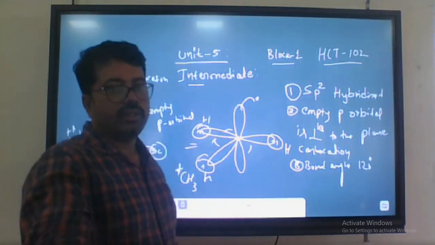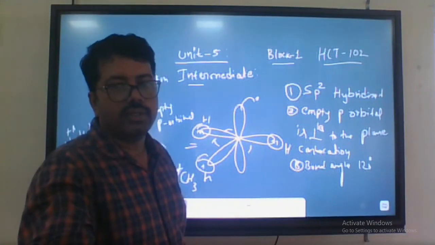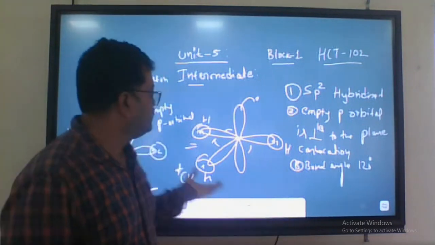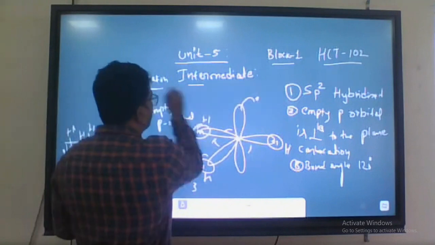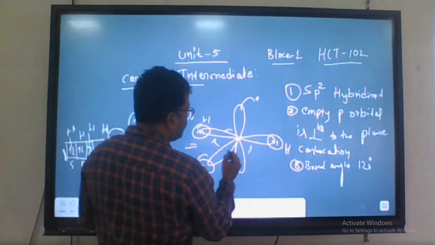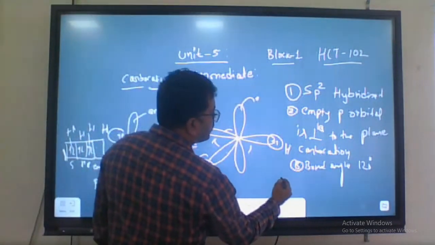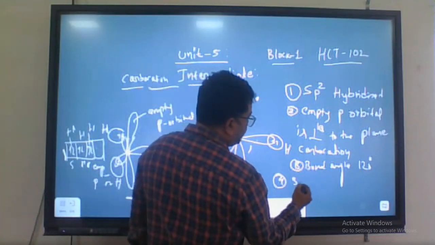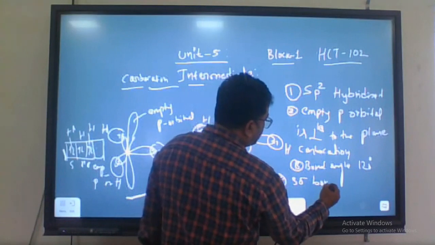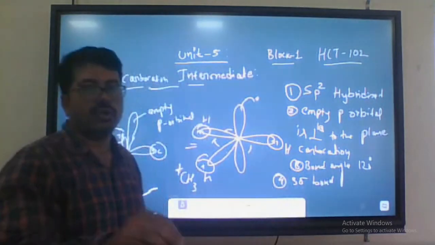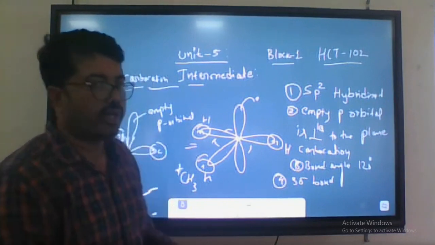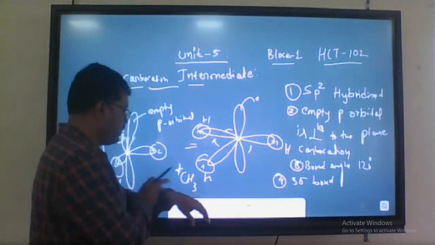This is the structure of carbocation. How many sigma bonds? 1, 2, 3. Fourth point, bond angle, 3 sigma. So this is about the structure of carbocation.